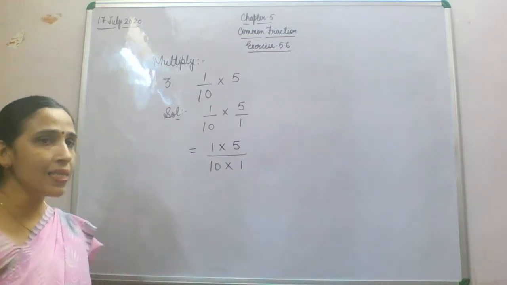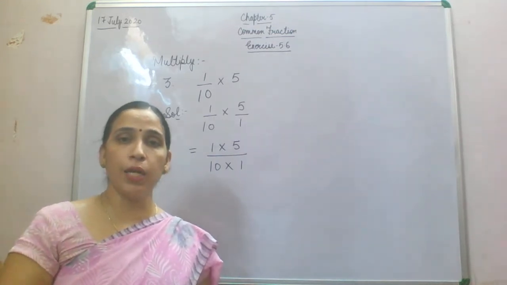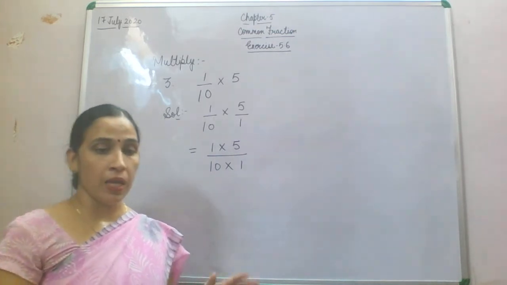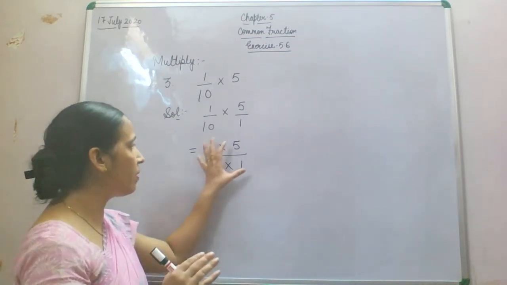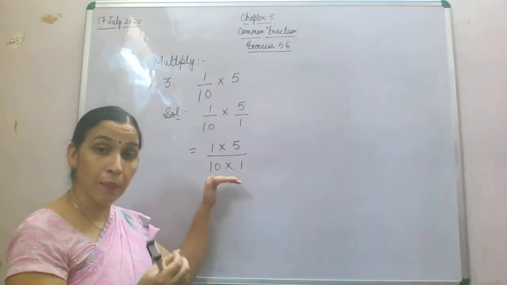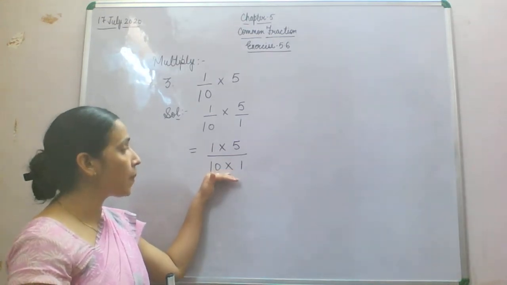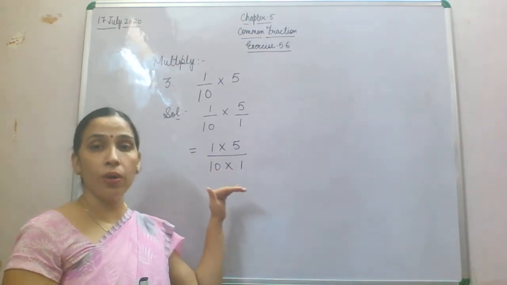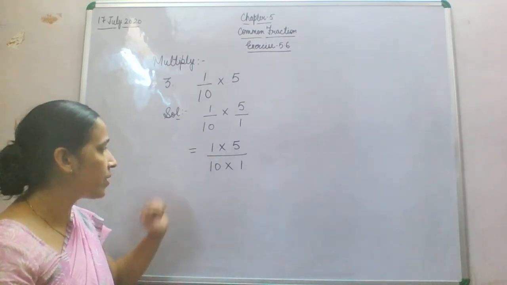Now, as I told you in the previous question, if you find any common factor here, in multiplication we will find it in the second step only, in the step of multiplication only. So we can do cancellation, or we can cut with the common table in the second step.